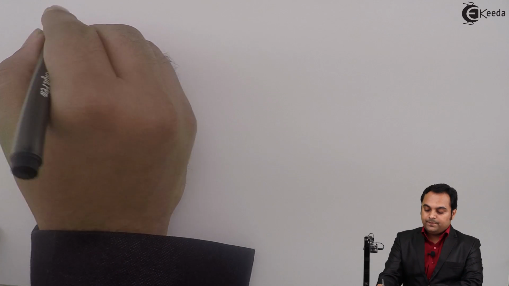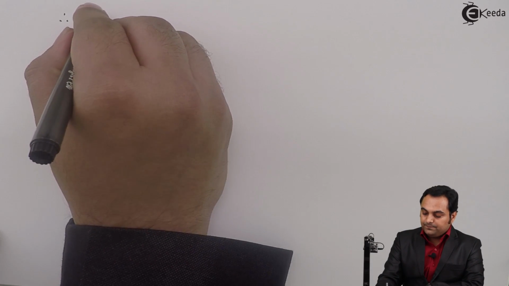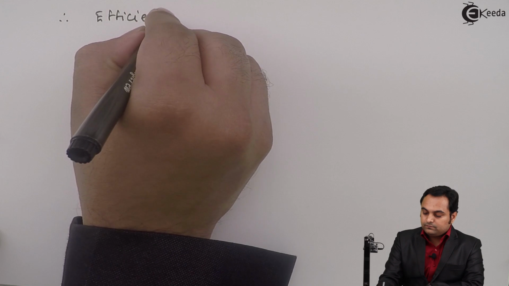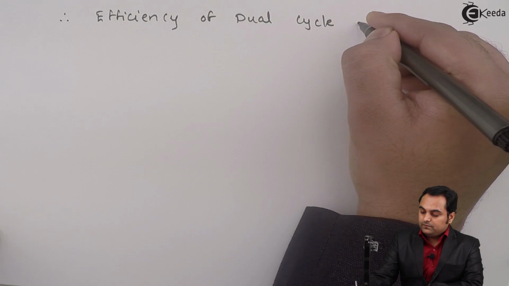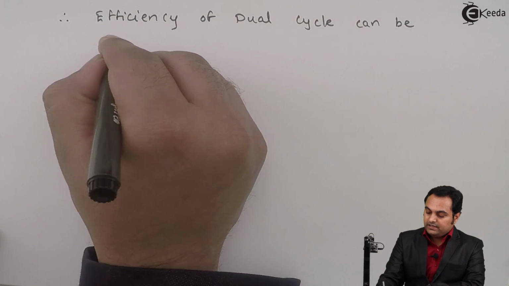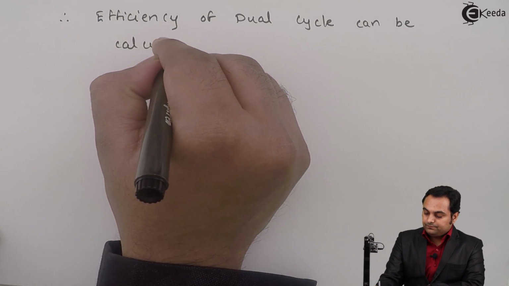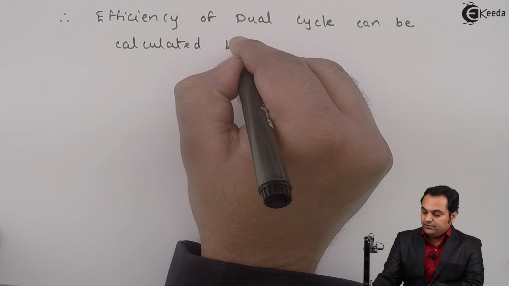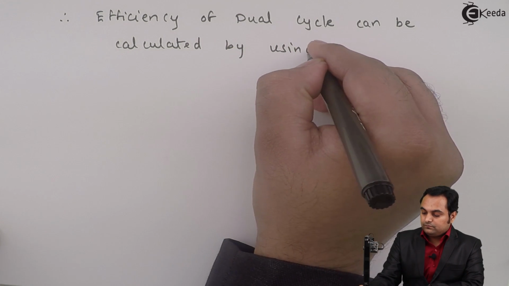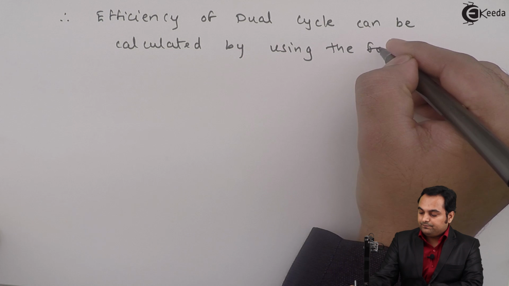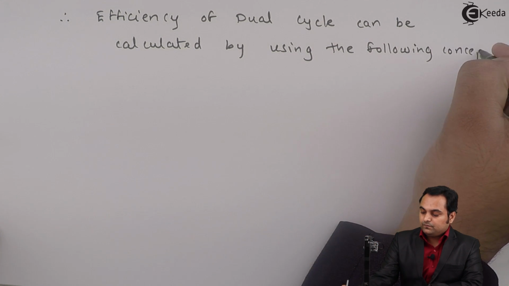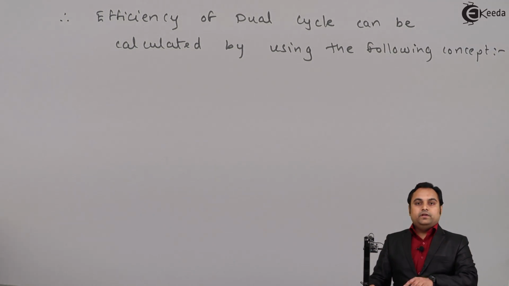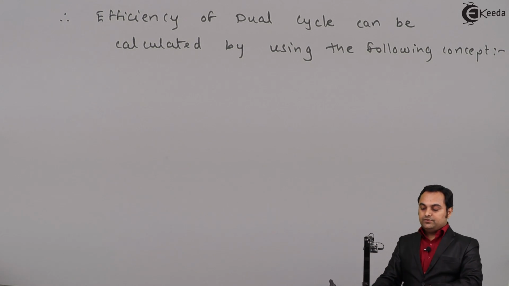Next, I'll write down, therefore, efficiency of dual cycle can be calculated by using the following concept. Now we can calculate the efficiency of dual cycle by using this concept.